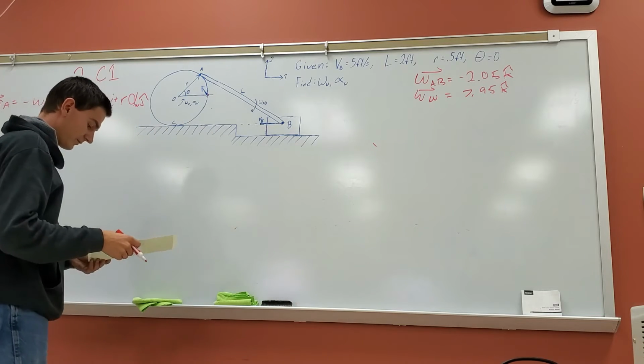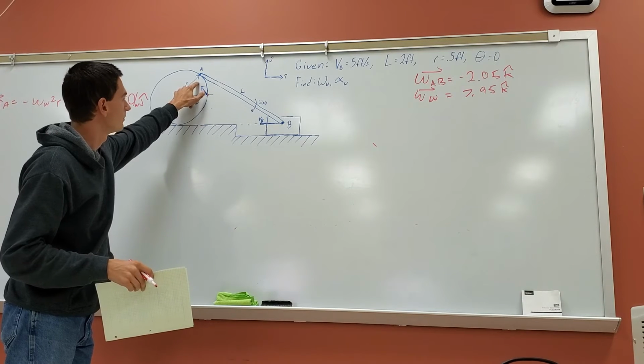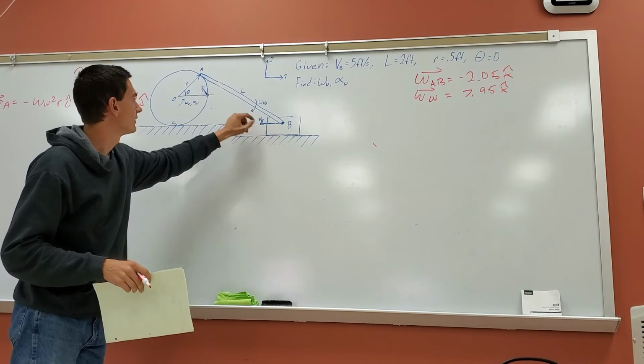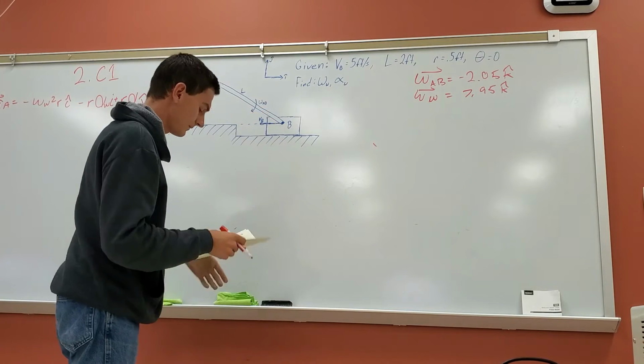Now we can also solve for point A again for its acceleration, but this time with reference to point B, using the angular velocity of linkage AB.